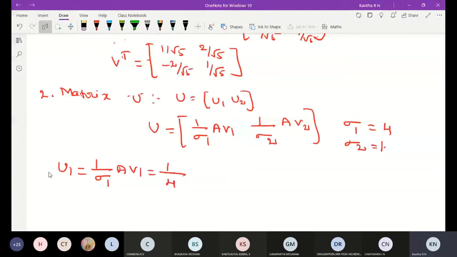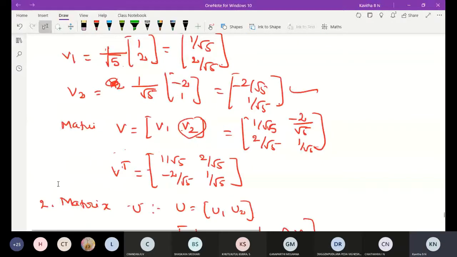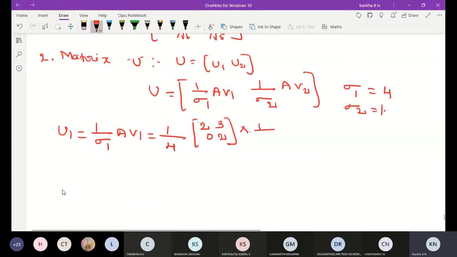A is, what is the A here? A is 2 3, 0 2. Okay, into V1. V1 is 1 by root 5, 1, 2.